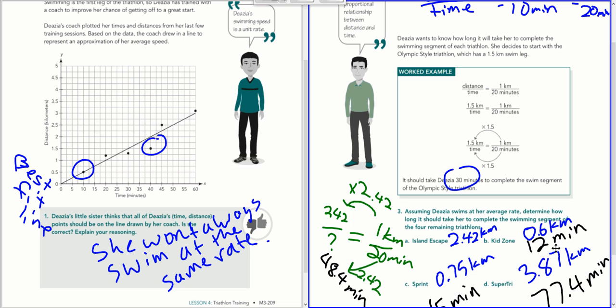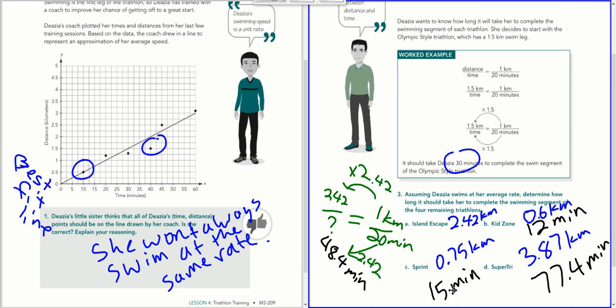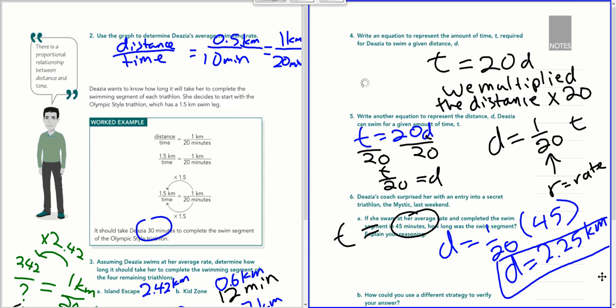And if you see the pattern, we're taking our distance and multiplying it by 20 minutes. So 0.6 times 20 is going to give me 12 minutes, and 0.75 times 20 is going to give me 15 minutes. 2.87 times 20 is going to give me 57.4 minutes, which, by the way, is a very long time to swim.